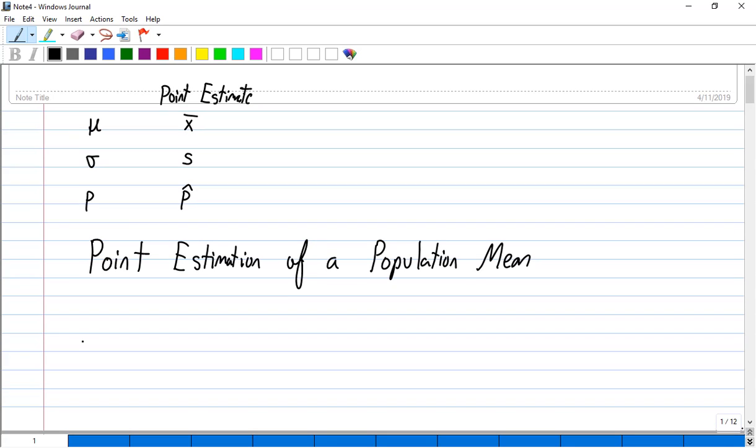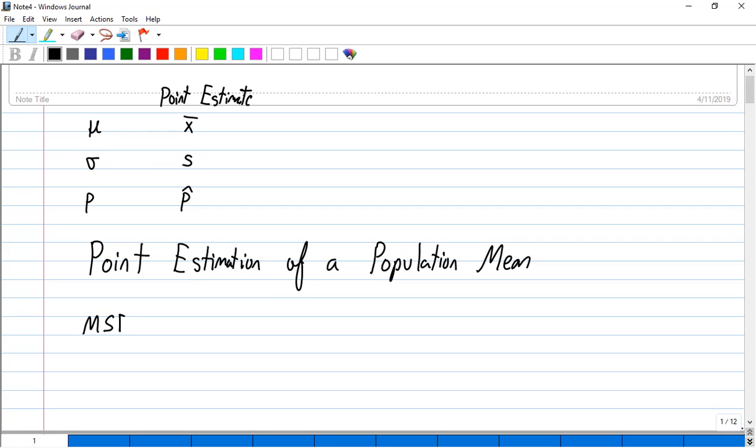The mean squared error, MSE, which is also in your PowerPoint, of our point estimate for the mean, the sample mean, which is a point estimate for the population mean, is equal to the expected value of X bar minus mu, squared.